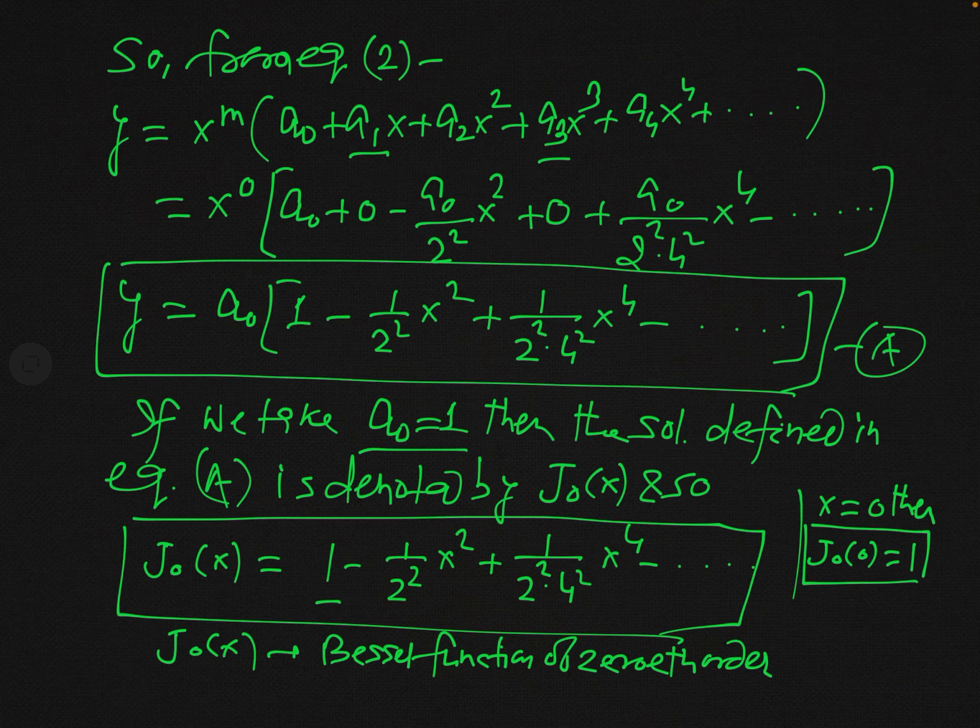And when n is an integer, then you have seen there is only one independent solution, that was Jn of x, and to get the other solution, we have obtained it in the form of Neumann function, which is called Bessel function of the second kind. Now, when n is equal to 0, that is the Bessel equation of zeroth order, in that condition, you again get only one solution, and that solution is J0 of x, and that is called Bessel function of zeroth order. So I hope you have understood all these concepts after these 3 lectures.